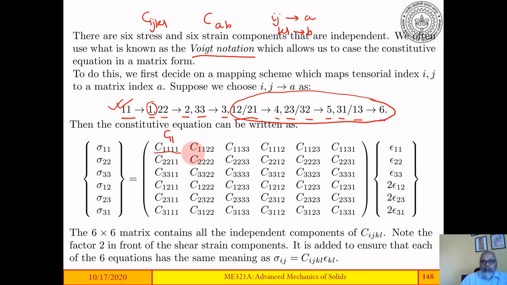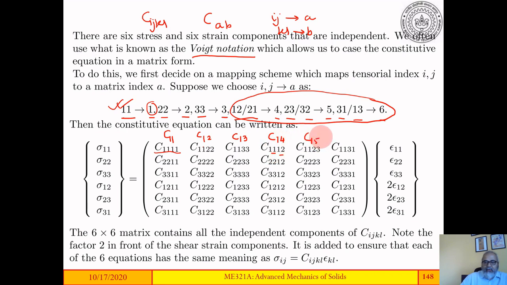Similarly, C1122 maps to C12 because 1 maps to 1, 2 maps to 2. This is C13, 1 maps to 1, 3 maps to 3. So this is C14 because 1 maps to 1 and 1 2 maps to 4.